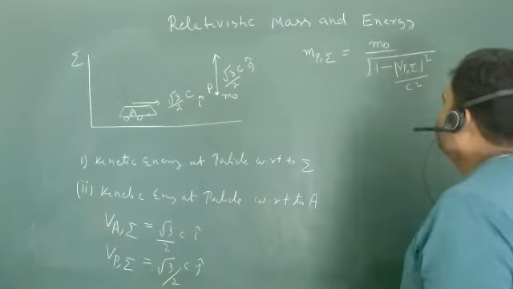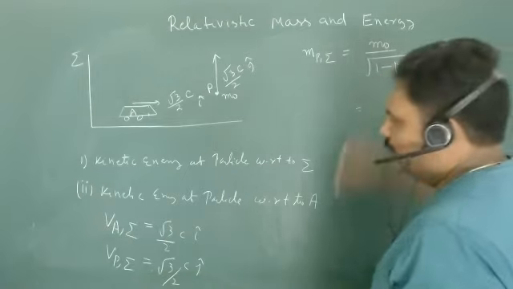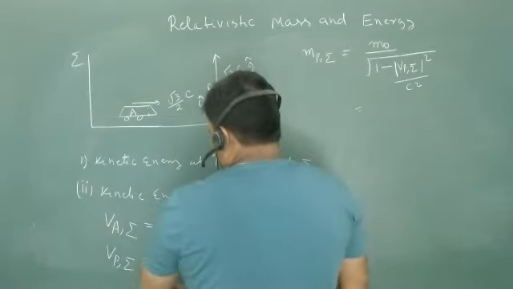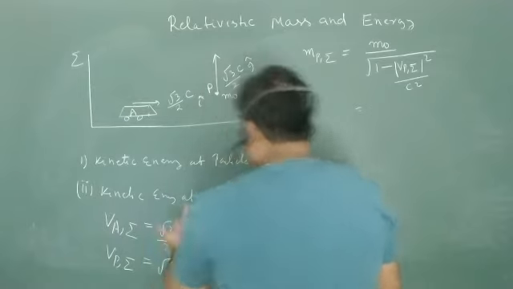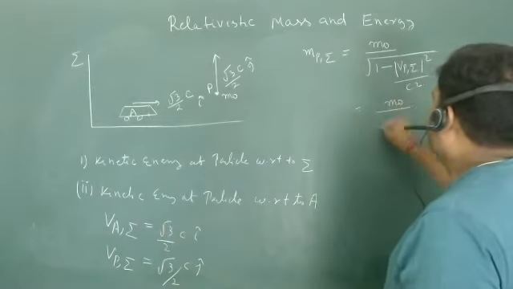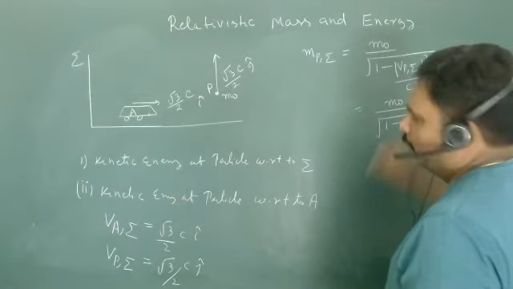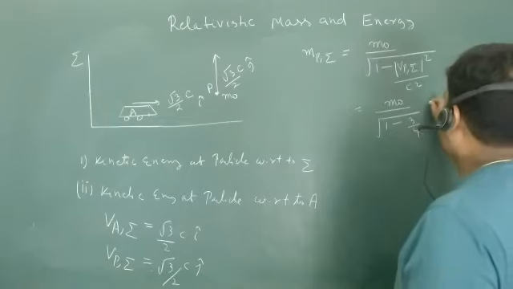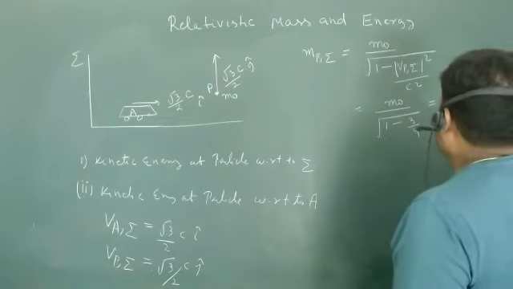Now it is directly given. Don't worry, the velocity of the particle with respect to sigma is √3/2 c. So obviously that value is m naught over root under 1 minus 3 upon 4, which will be 2m naught.